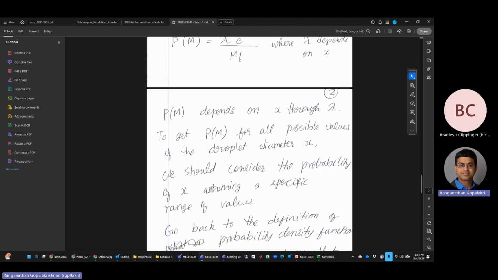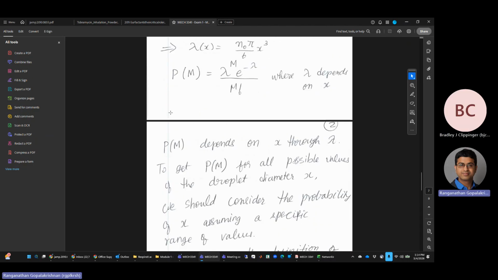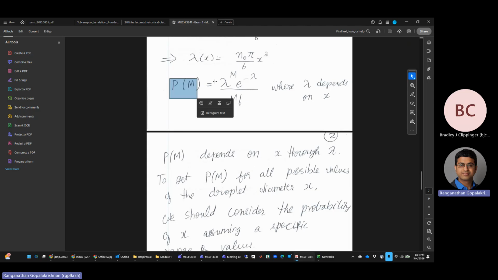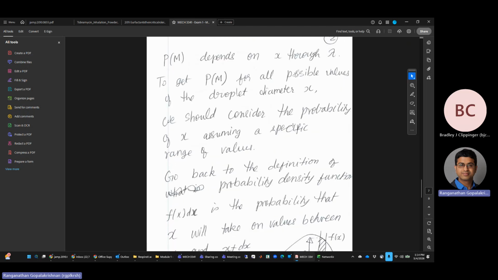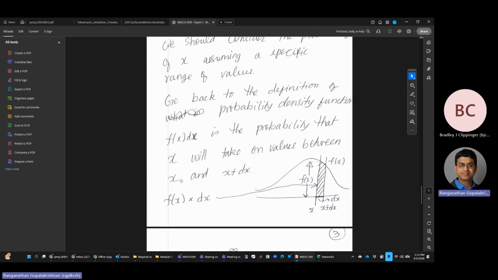So what we did was to say, if the probability of there being m particles is this expression, where lambda depends on x itself, then the question becomes, what is the probability that x will take on values between x and x plus dx? That is the definition of the probability density function, which is f of x dx.